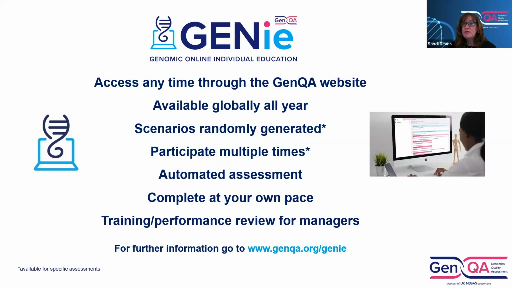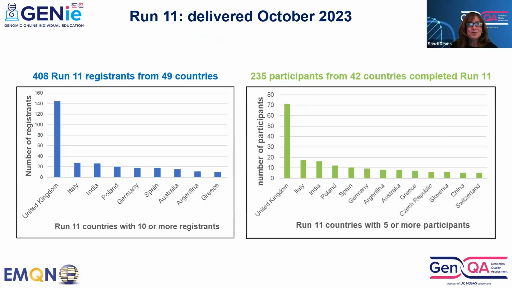These are the static variant EQAs that we run for BRCA and HRR genes that are sponsored and supported through AstraZeneca and MSD. We've got our website link there, and hopefully you found it an easier system to use than previous versions. But the fundamental is the same, and we can deliver this for individuals rather than laboratory participation. So next slide, please.